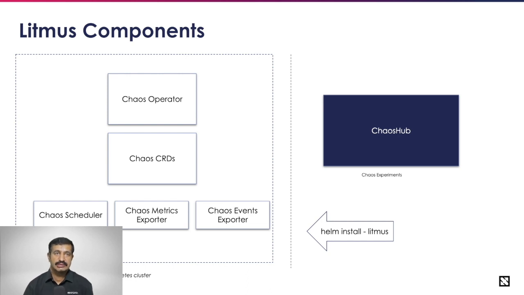The metrics exporter is a Prometheus metrics exporter, for analytics. The event exporter is for event correlation later on. The scheduler will be used in case you want to schedule it, not just run once. You can do a recurring schedule, all that stuff.